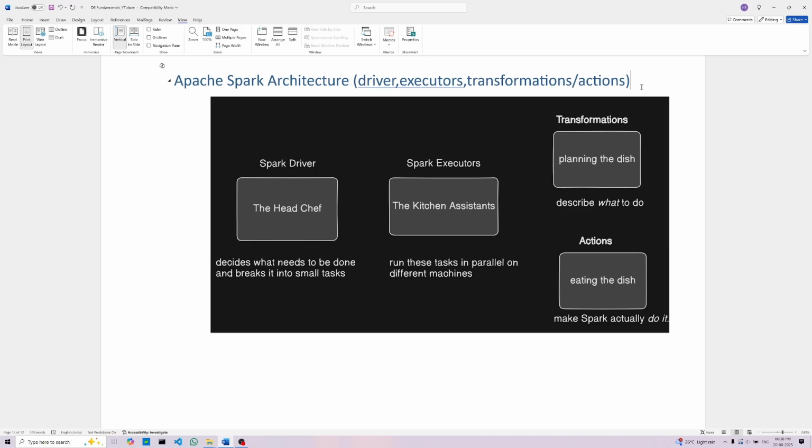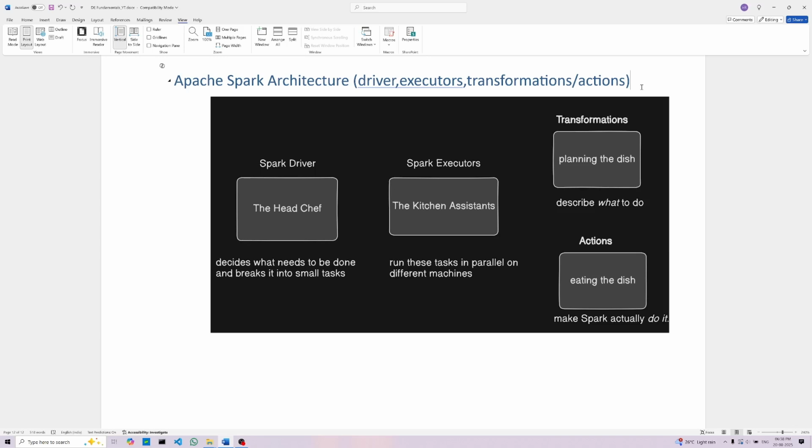Then we will plan the dish. Preparation is done, now we just need to plan the dish. Whenever we cook something, we fry it at the last, right? That's kind of the same, and then finally we will eat it.